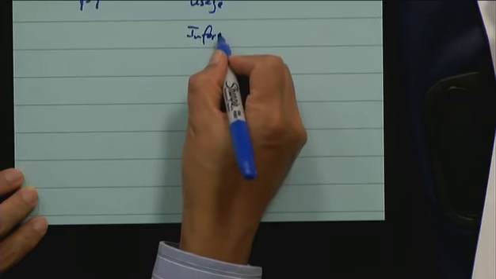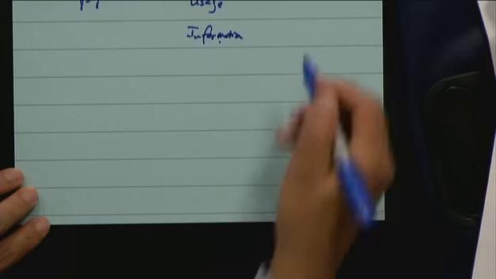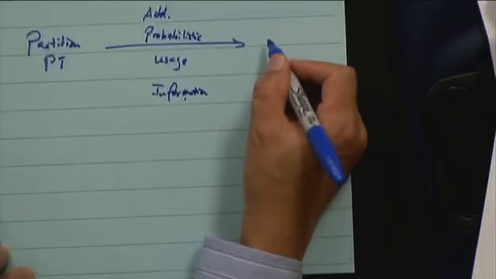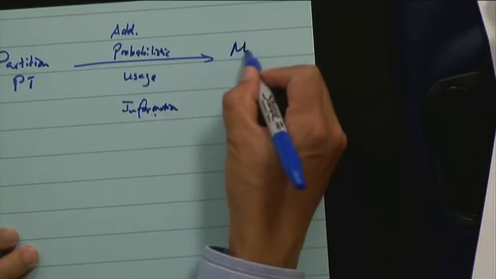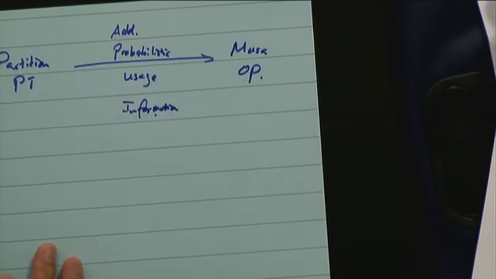Okay, we add probabilistic usage information. And then we got to the Musa OP, inside operational profile, okay.